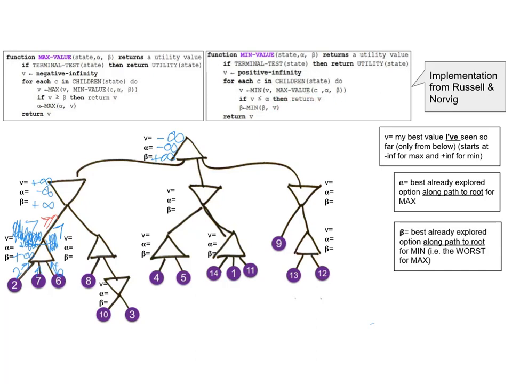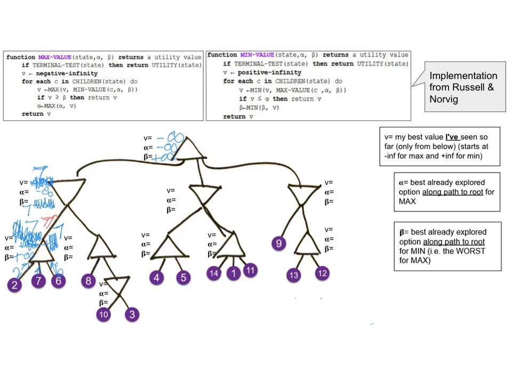The minimum of plus infinity and 7 is actually 7, so we're going to change this plus infinity for v to be 7. Now the algorithm says, is 7 less than or equal to alpha, 7 less than or equal to negative infinity? Nope. So beta gets the minimum of beta and v. Beta is plus infinity, and v is 7, so the minimum of plus infinity and 7 is 7.